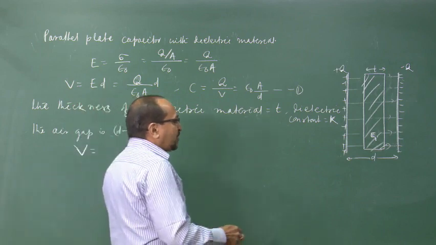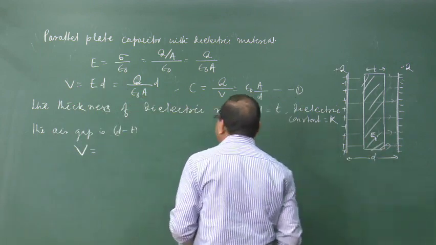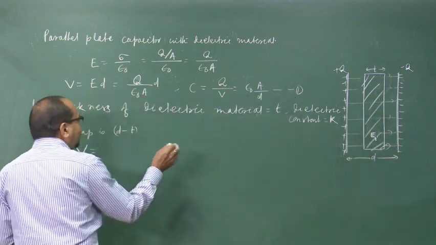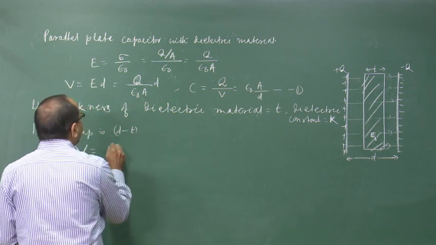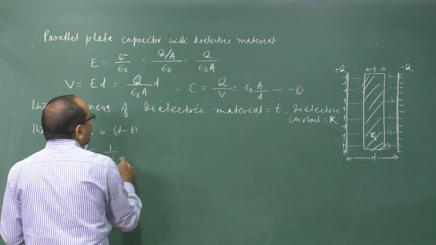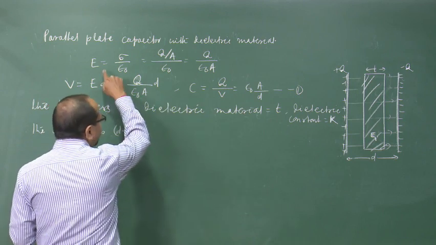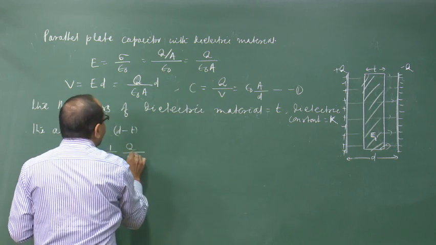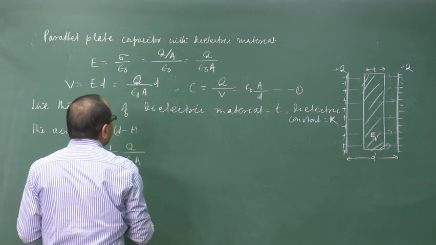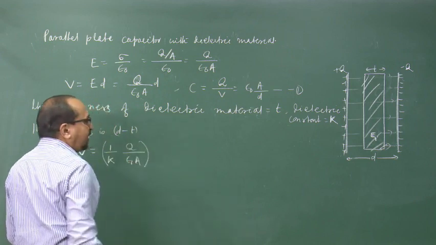So, the potential difference between the two surfaces of the dielectric is E I into T, field into thickness, and E I is 1 by k times our applied field E naught, which is q by epsilon naught into A. This is our field inside the dielectric.